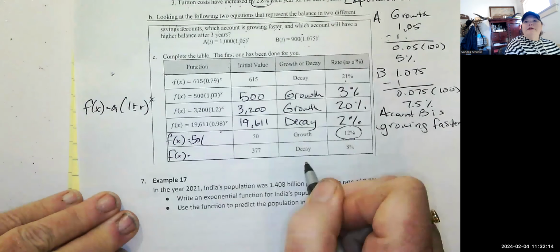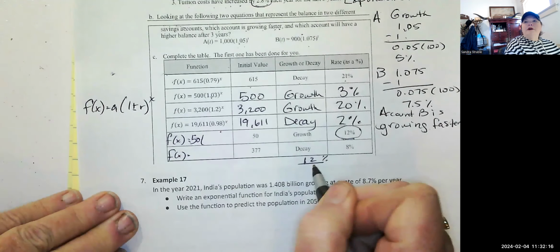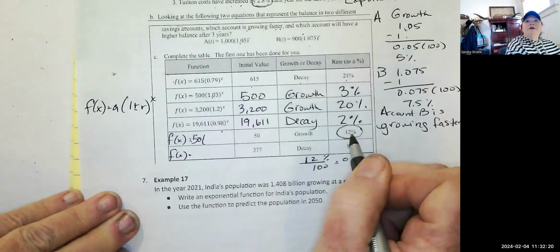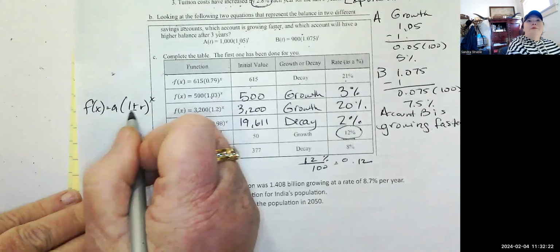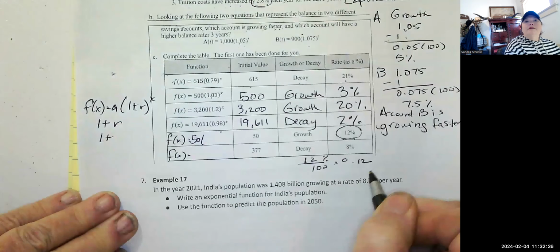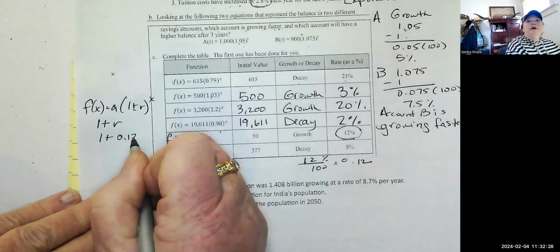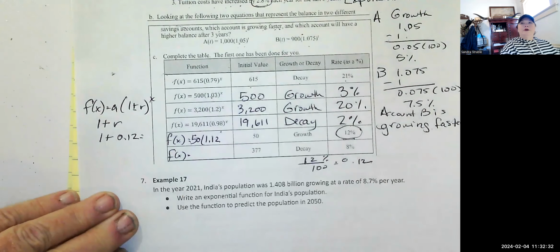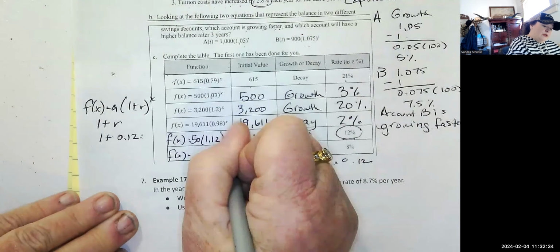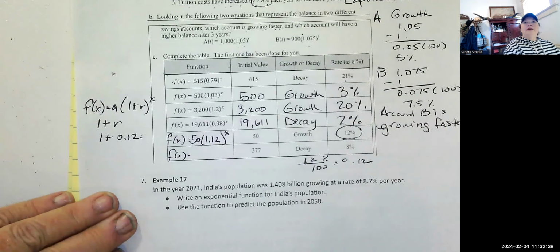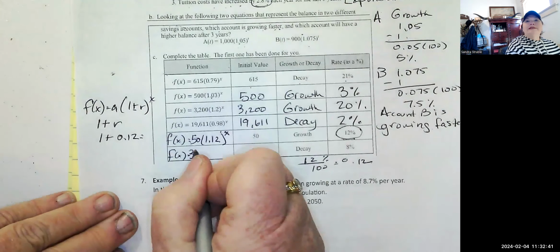So 12% divided by 100 is 0.12. That's going to be my r. So I'm going to take the 1 plus r and put 1 plus the 0.12, and I get 1.12. All right. And then you're just going to have that raised to the x, because we haven't learned anything else about the x yet.